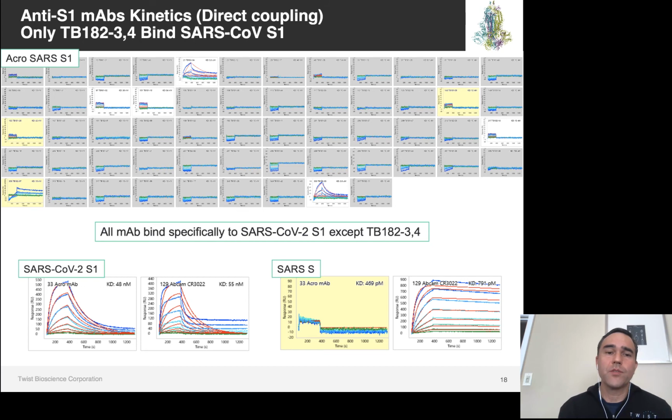Shown here at the bottom are also some controls where we looked at the Acro antibody that we purchased as well as the CR3022 antibody, which is an antibody that was originally isolated against the SARS-CoV virus. As you can see, that antibody actually shows strong cross-reactivity between the original SARS-CoV virus and SARS-CoV-2, whereas our antibodies are actually specific for SARS-CoV-2.